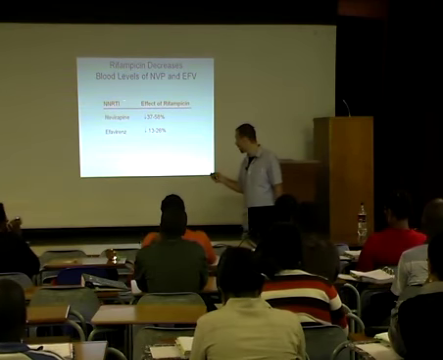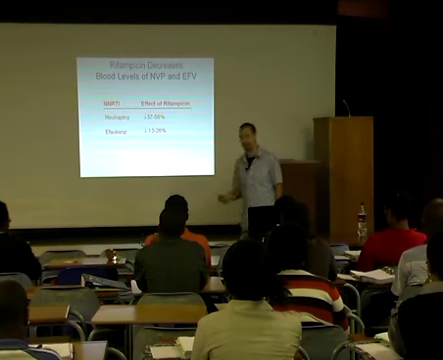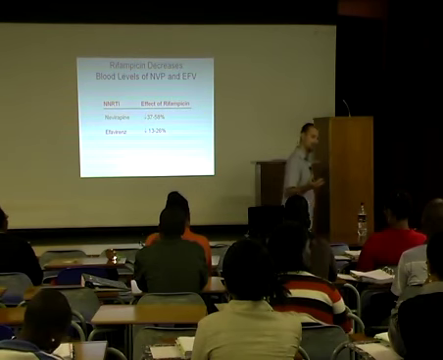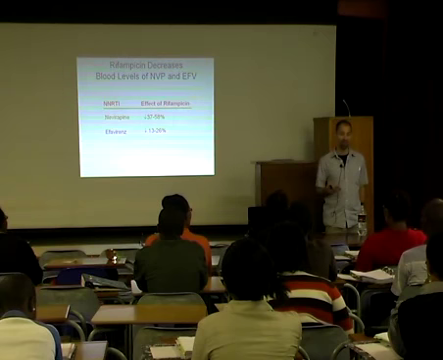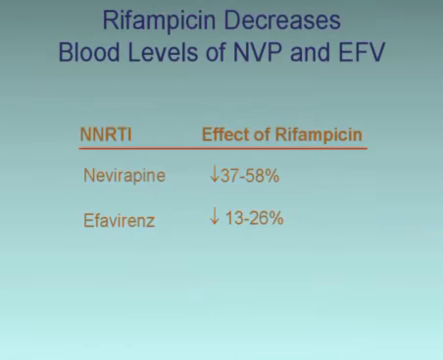Well, some people have said, well, if it sees half the medicine, why don't we just increase the dose of nevirapine? Give them an extra 100 milligrams a day. That would negate that, right? Extra 200 milligrams a day would negate that. Right? Sounds like a good idea. The problem is when you do that, what's one of the major side effects of nevirapine other than rash is liver toxicity.